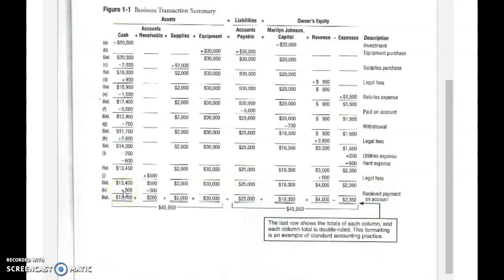So she is increasing cash and decreasing the amount that she's going to be owed, or the receivable. Notice this is still in balance because it's on the same side of the equal sign. So just make sure after every transaction, what you do on one side, you need to do on the other.